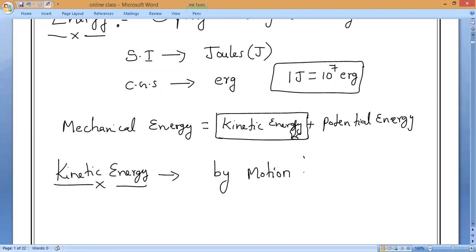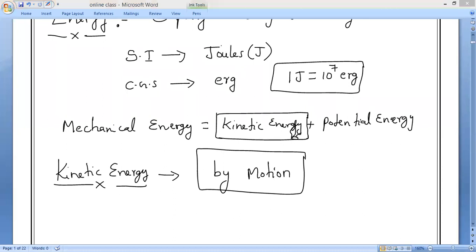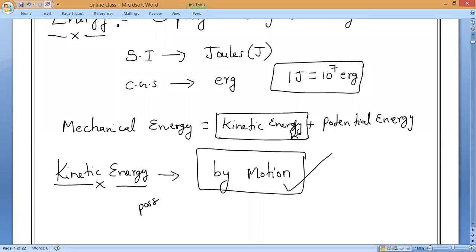Which object will produce kinetic energy? The body which is in a state of rest or a state of motion? State of motion. All of you must remember that the body which is in motion will possess kinetic energy.